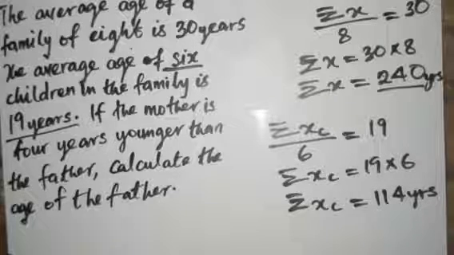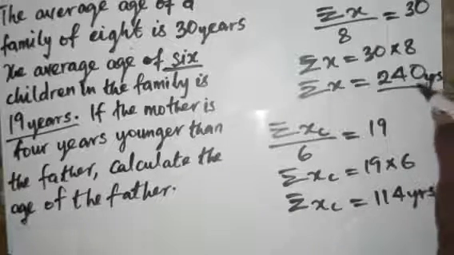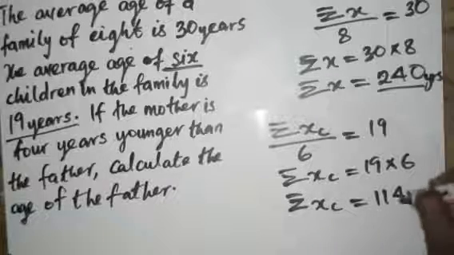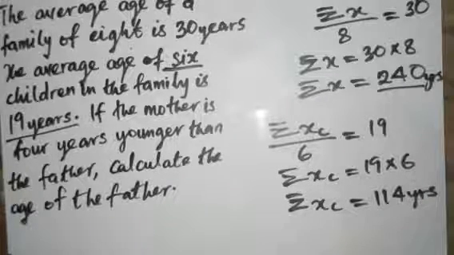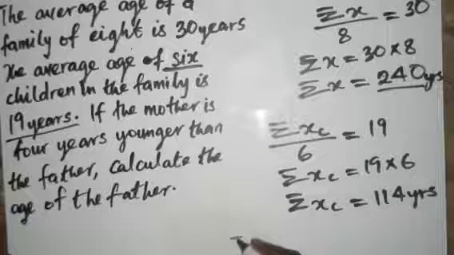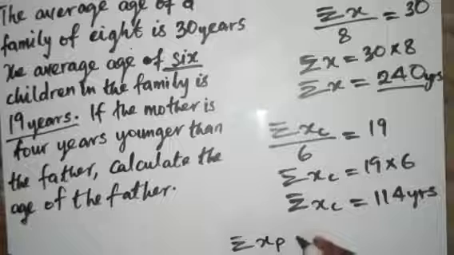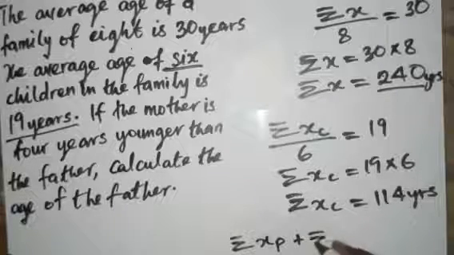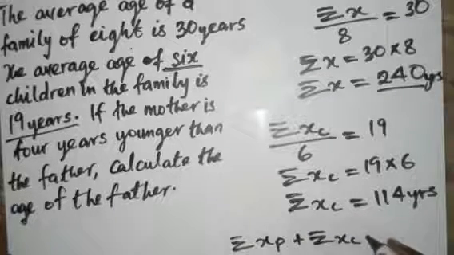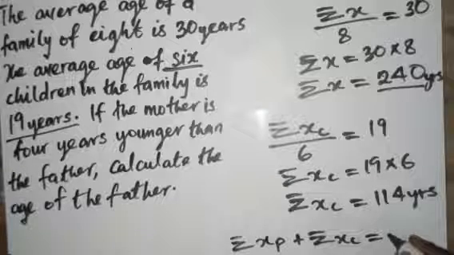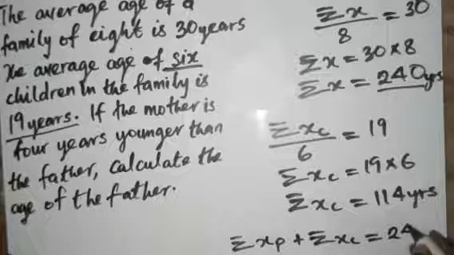Okay, so at this point we see we've got two different sums. This sum contains the children and the parents. So we find the difference, the sum of the parents' ages. So the sum of the parents, let me make this P, plus the sum of the children's ages is equal to 240.